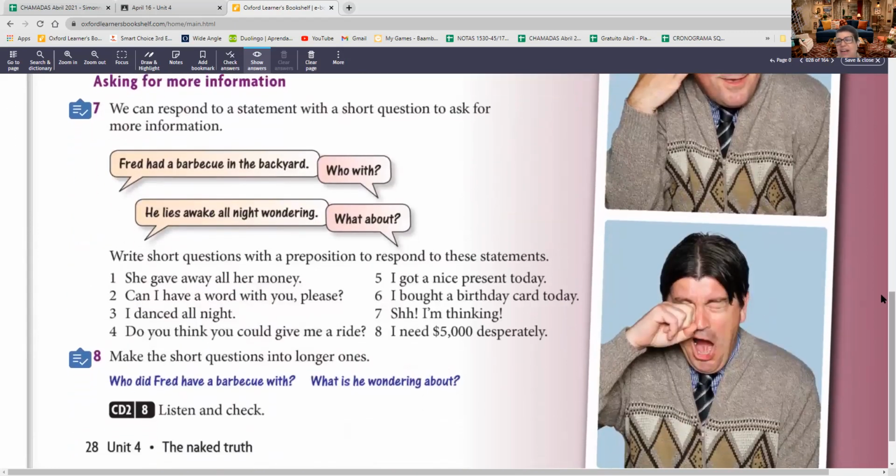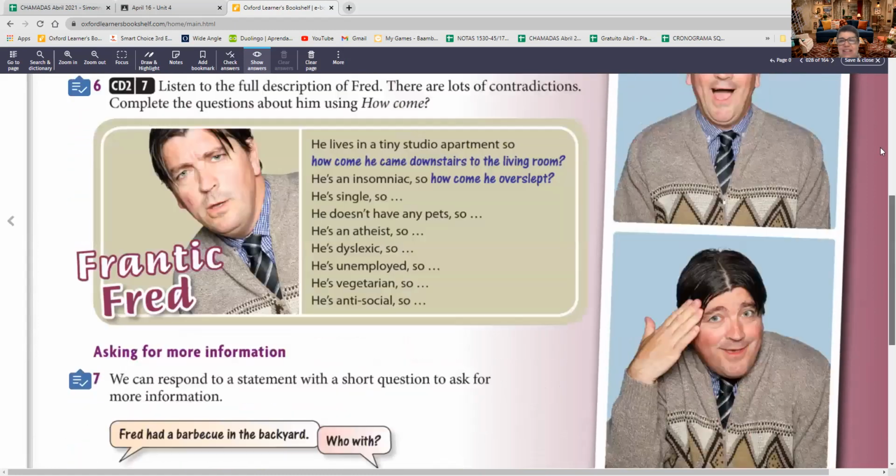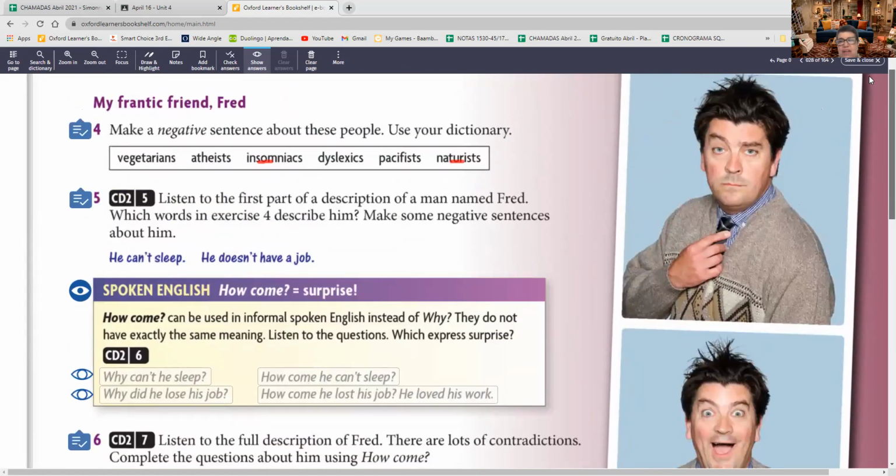Check it out. He looks very funny here. Is he a comedian? What does he do? Let's say, which words in exercise 4 here describe him? So let's listen and check. Okay, let's go.